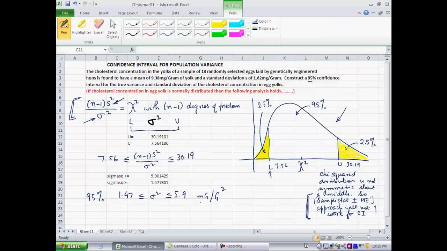So I'm 95% sure that the true population variance of the cholesterol concentration in egg yolks ranges between 1.47 and 5.9 milligrams per gram squared.